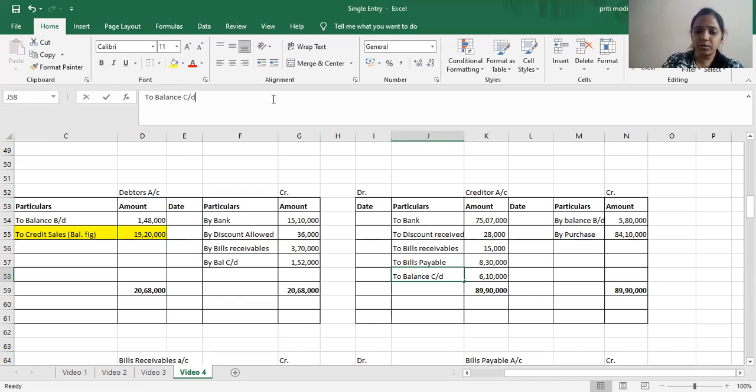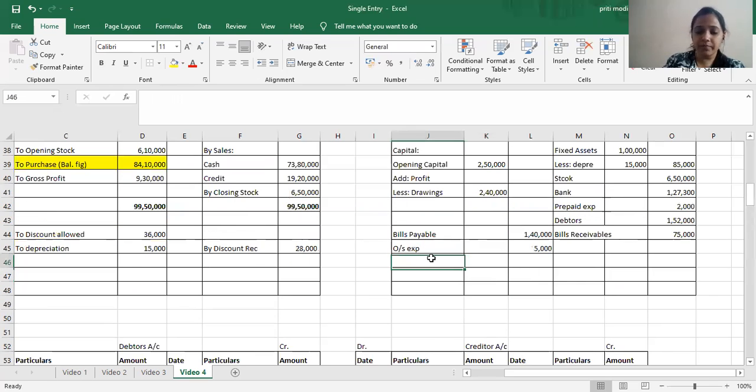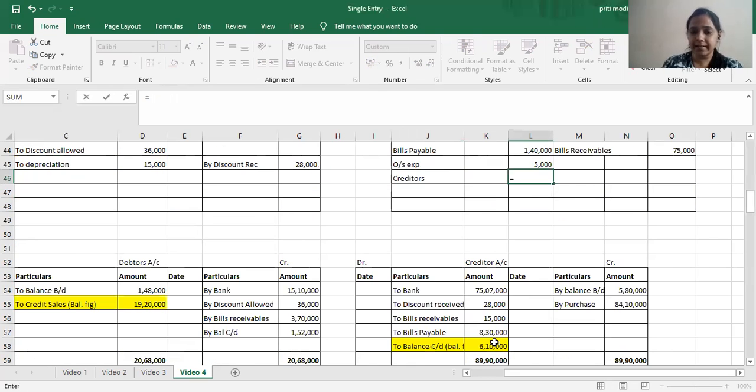I'm making this in yellow again, signifying this is the balancing figure that has come, 6 lakh 10,000. This closing balance will go to our closing balance sheet. So writing it over here, creditors. Do not forget to post your figures. 6 lakh 10,000. Fine. This is also done.